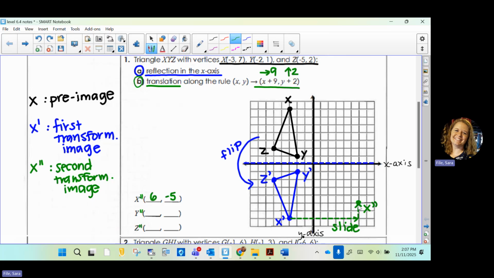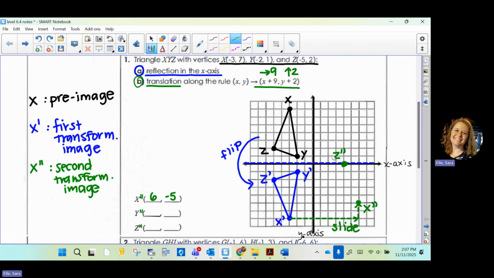So from my new X, I could go left 2, up 5, which would put me right here. So that would be my Z double prime.